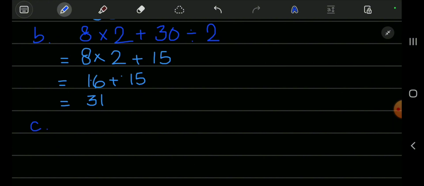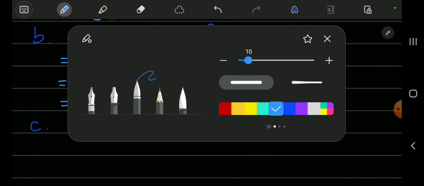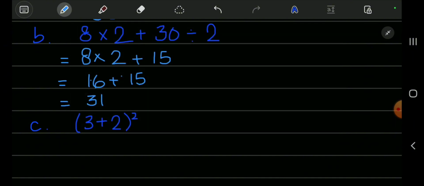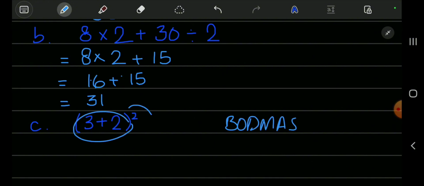Let's say (3 plus 2) square. Okay, there is a thing in this that I needed to discuss. See, in this we have a power and we have a bracket. So always in our BODMAS rule we are going to solve the bracket first and then the power.